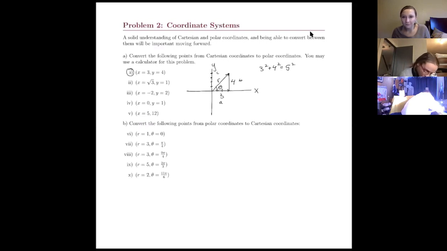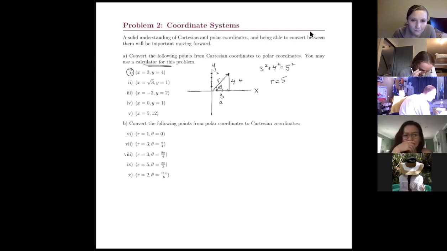So r is 5, and then in order to find that angle, this actually says you can use a calculator. You can do this in a few ways, but you can use any of the trig functions. For example, let's do it with the x. So x equals r cos theta. You could also do it with y equals r sine theta.